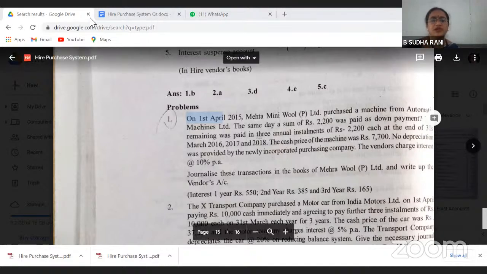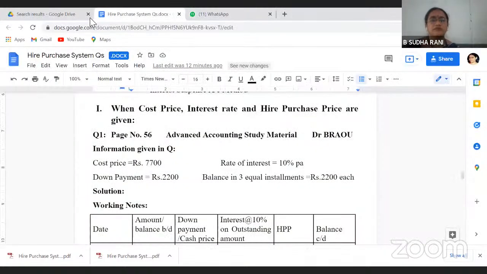So what is the information given to you here in the question? You have been provided with the cost price 7,700, the rate of interest 10% per annum, down payment 2,200, and the number of installments 3, each installment 2,200.